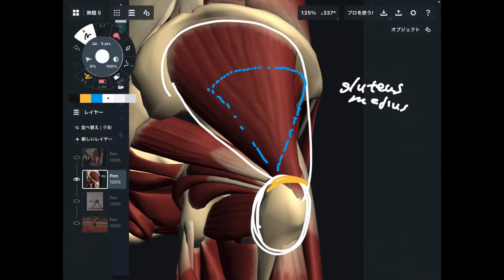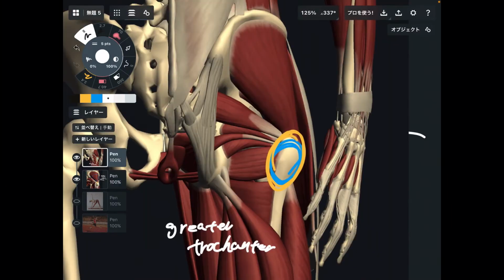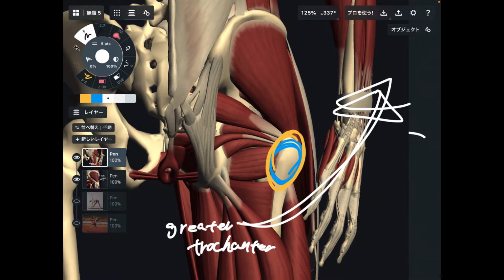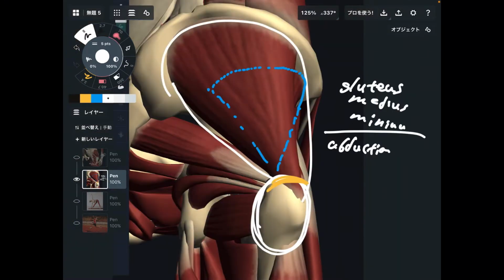Let's go to the function of gluteus medius and gluteus minimus. The main function of these two muscles is hip abduction. Hip abduction, what is it? That's a movement where you bring the leg upward from the lateral way. This is hip abduction. This is the main function.